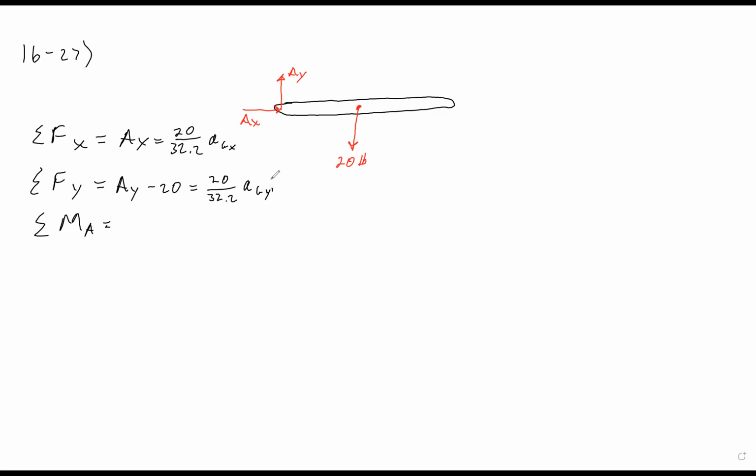All right, I chose my positives to be up. You can choose your positives to be down. So I am assuming that my acceleration in the y is going to be positive going up. The rod is about to fall. It is entirely allowed.